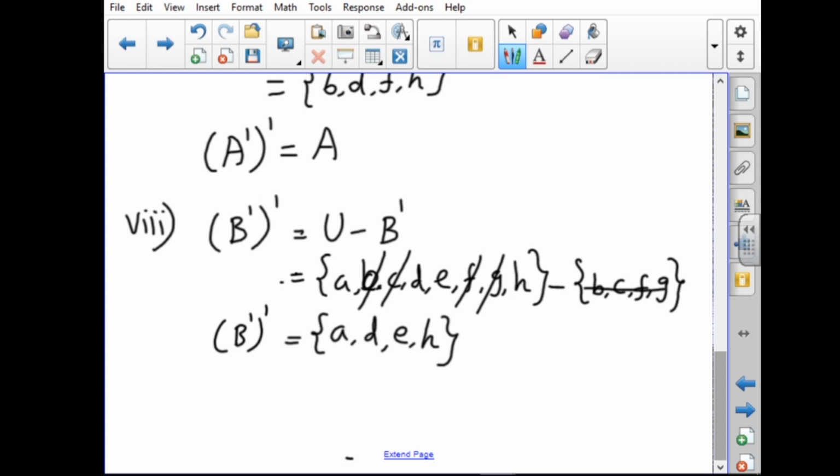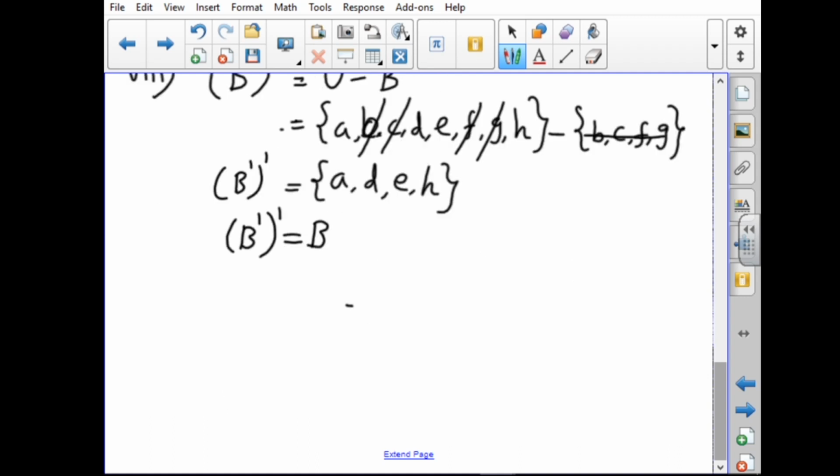Just see your B value. B is equal to the set A, D, E, H. So B dash whole dash is nothing but B. From the sum we can know that B dash whole dash is equal to B. So that's all. Your third sum is over.